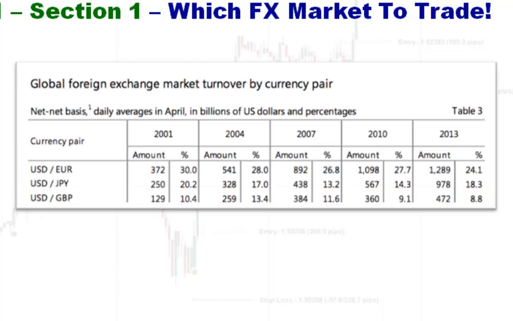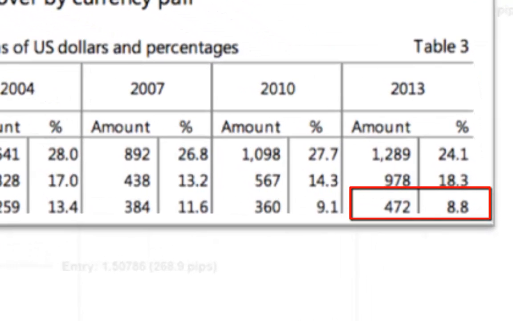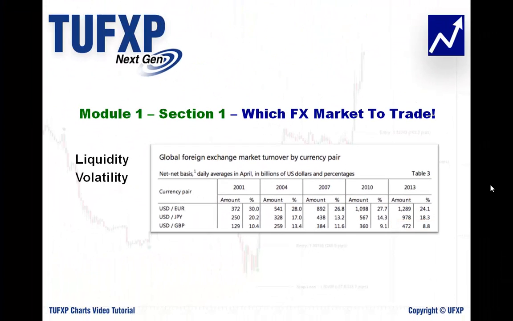It's served me well since 2008 and continues to do so. And if you look at 2013, you can see we're up to 472 billion turnover per day. So this, on the whole, generally gives us enough volatility within which to make some money. So the market we're going to focus on is going to be the USD GBP.